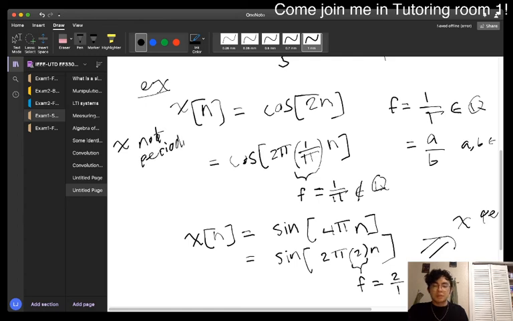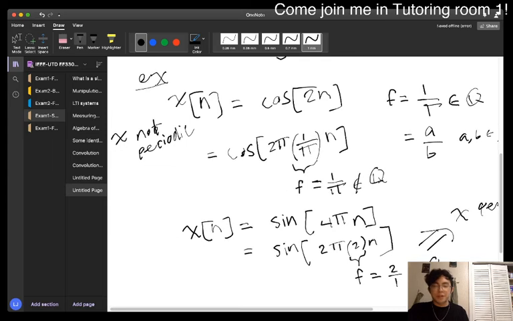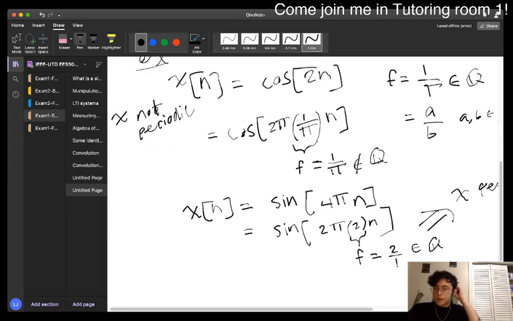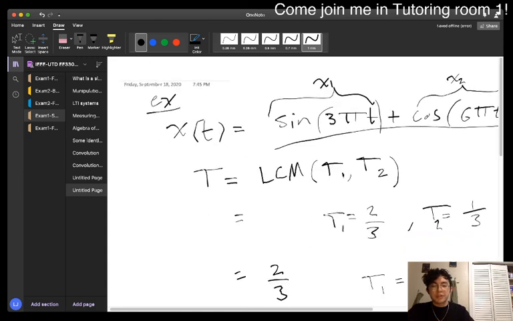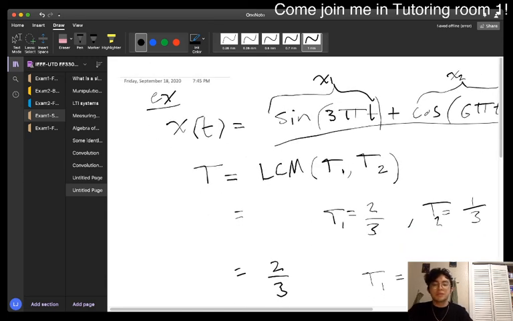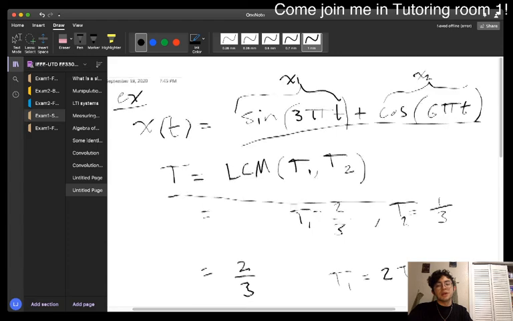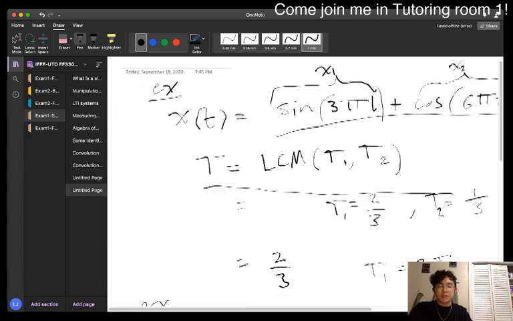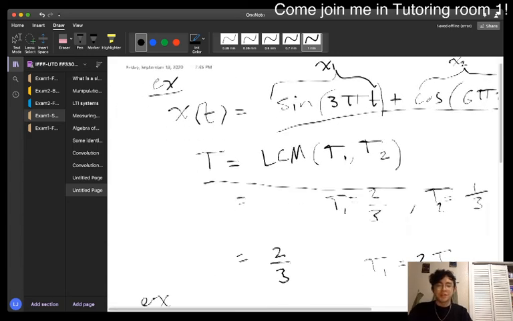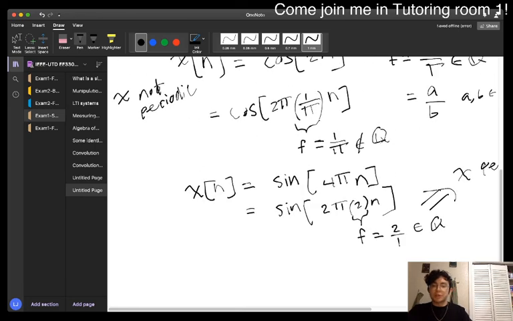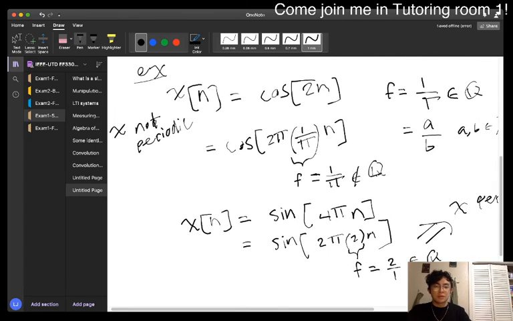That's basically what I wanted to talk about with periodicity. You might see a question about that, and this one formula is pretty helpful when you have sums of periodic functions. These rules are important to know in discrete time.